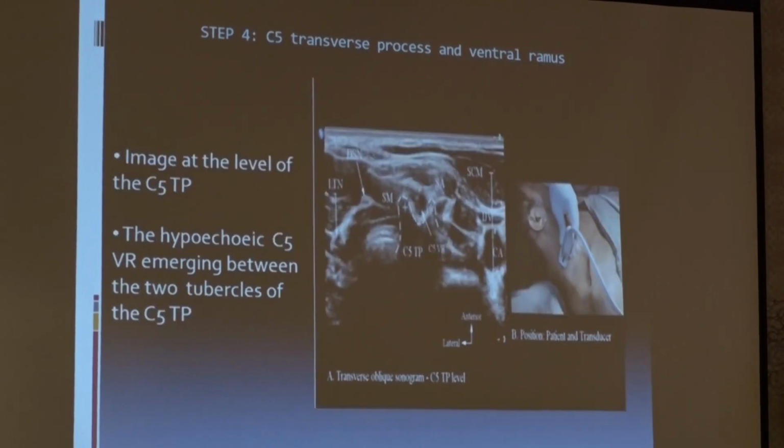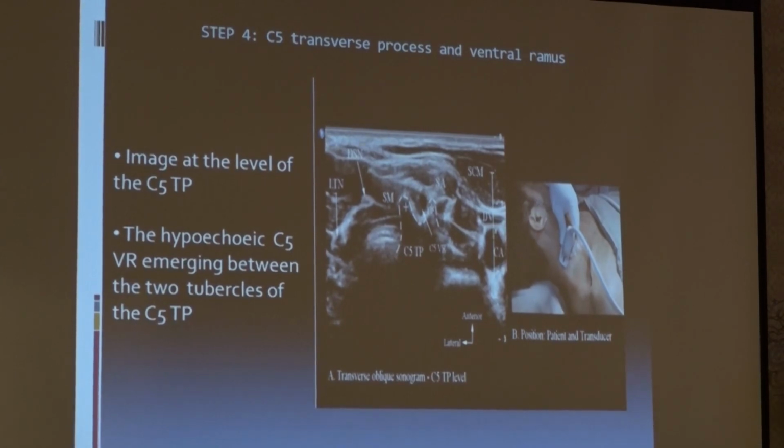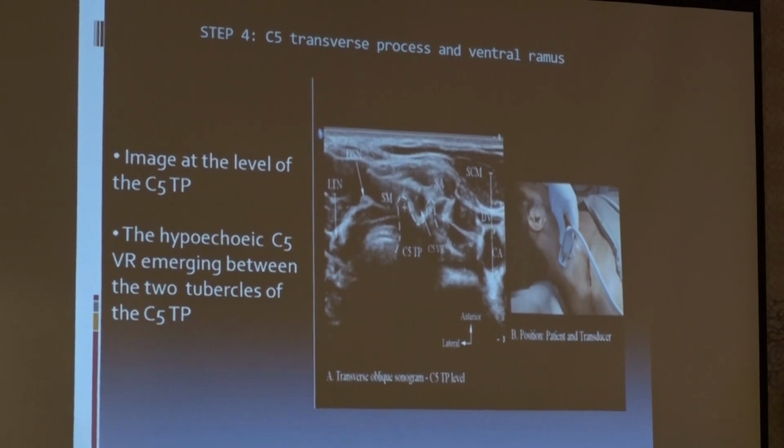Then we slide our transducer cranially to identify the C5 transverse process and ventral ramus. The C5 transverse process has anterior and posterior tubercles equal in height, and the hypoechoic C5 ventral ramus is emerging between the two tubercles of the C5 transverse process.